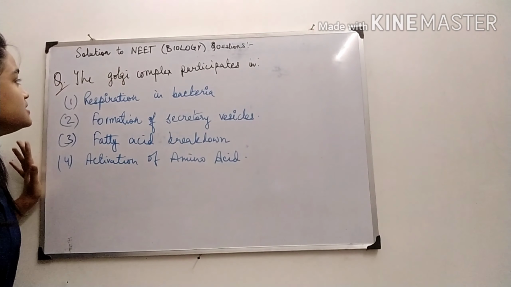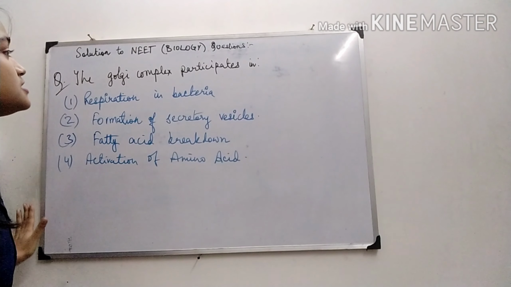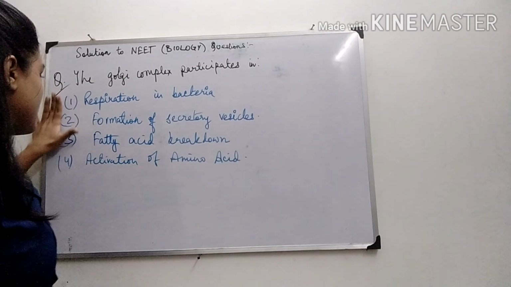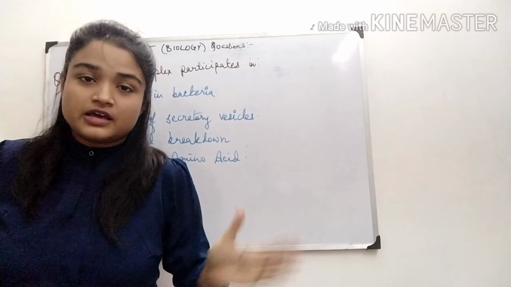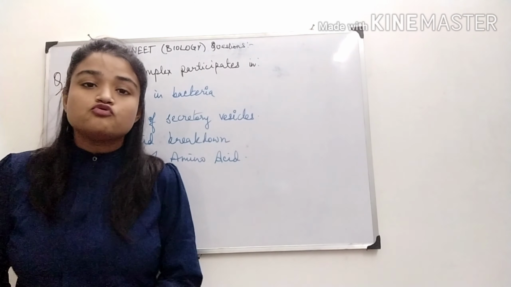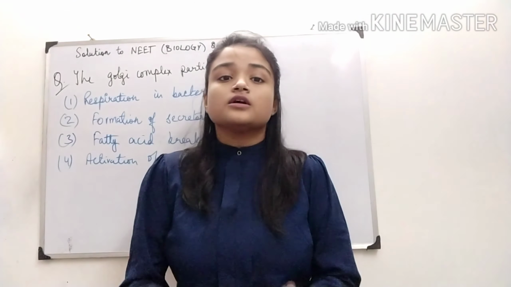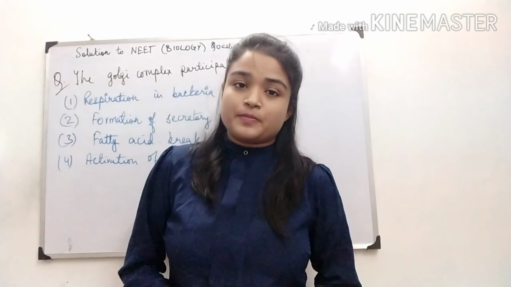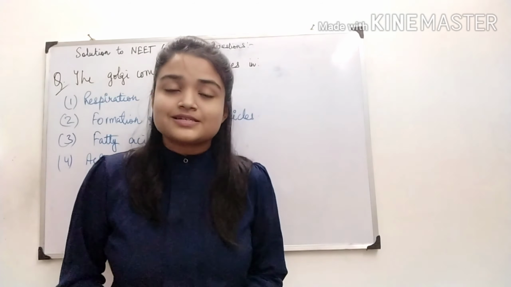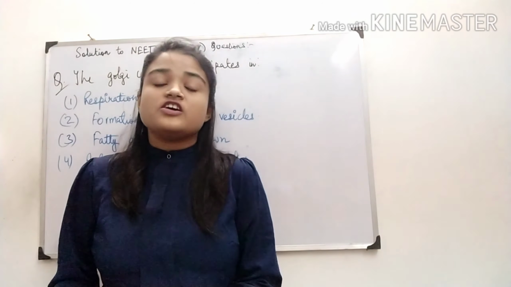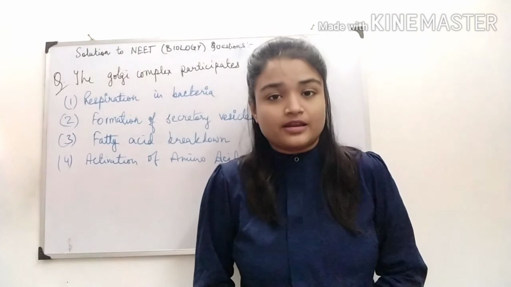Now the next one is: the Golgi complex participates in... There are several events given in the statements, and we have to choose the one in which the Golgi apparatus participates. Before going through all the statements, we should know which event takes place in which organelle.